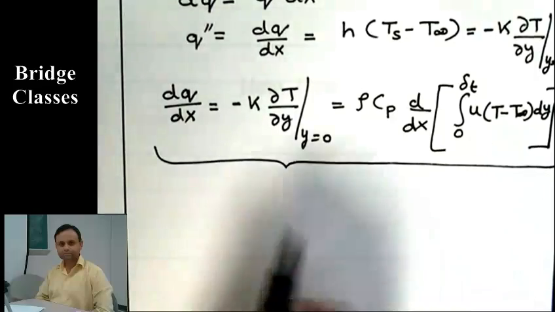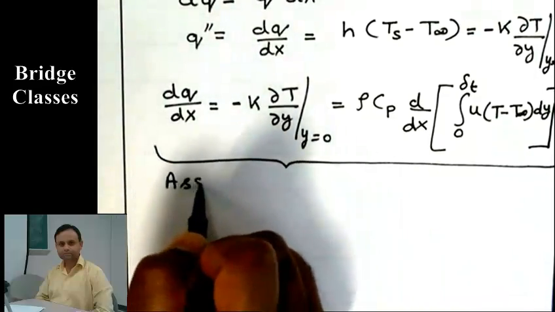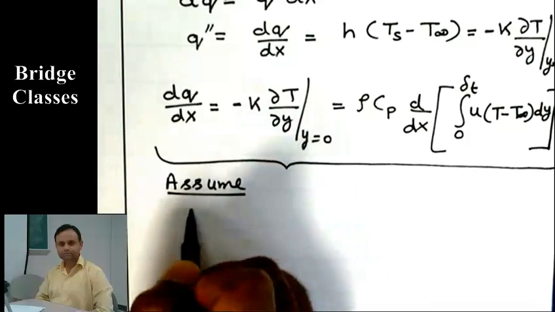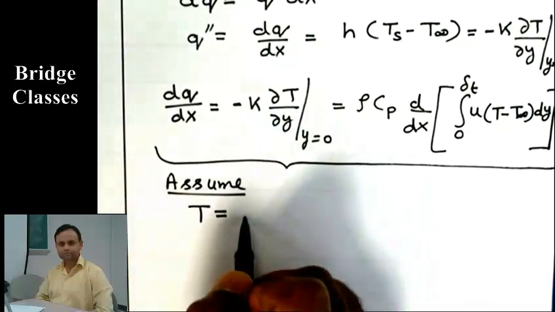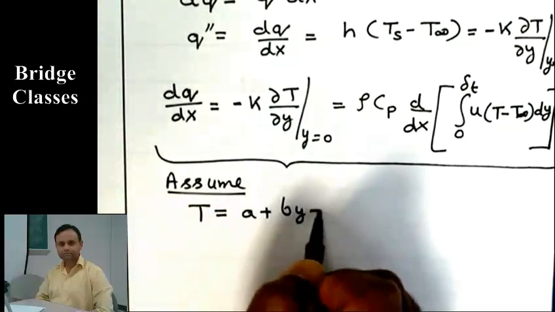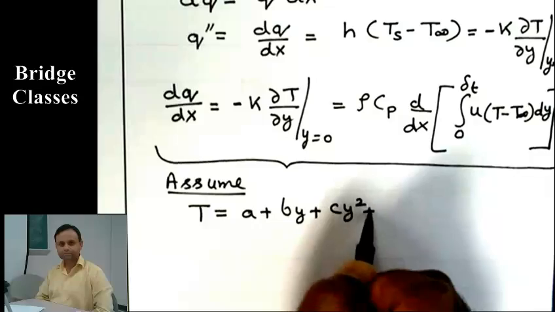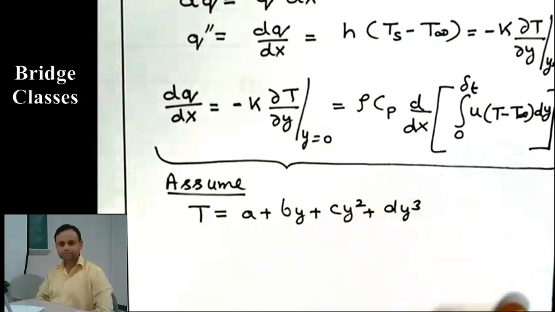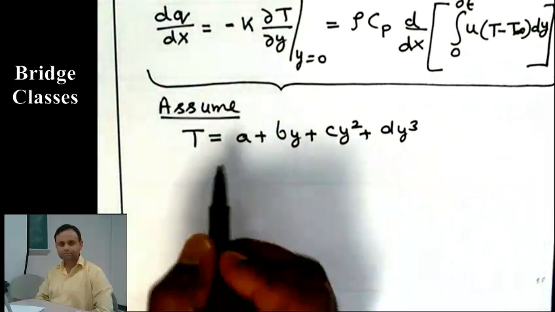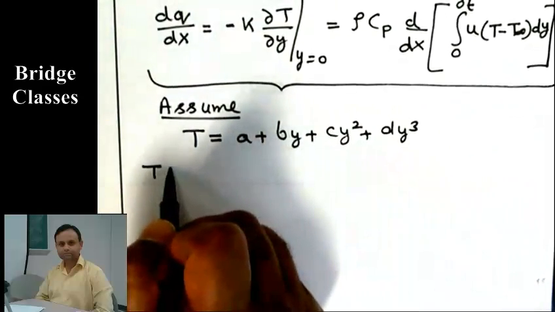So assume T is A plus B y plus C y squared plus D y cubed, and along with this the temperature has to satisfy these conditions.